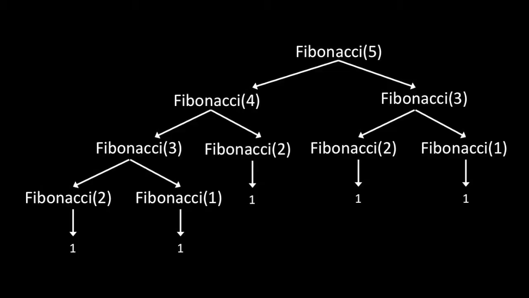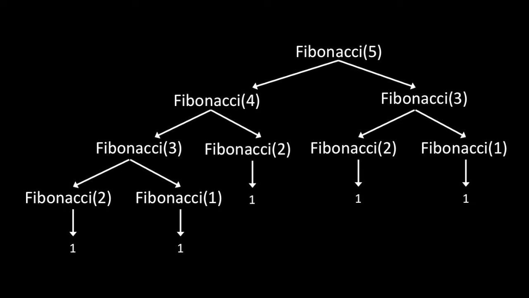It turns out that the iterative approach is much more efficient than the recursive version, even if the recursive approach is much more intuitive. We can see the reason for this in a tree diagram of the recursive algorithm. The diagram shows the tree of the recursive calls and processes that are executed to compute the 5th Fibonacci number.